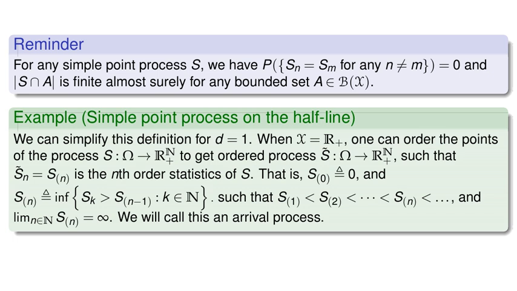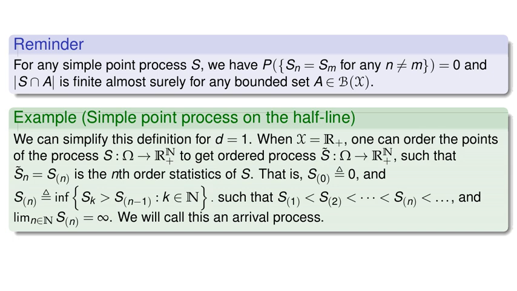Let's consider an example to make this more concrete. Say a simple point process on the half line. We can simplify our general definition when d equals 1, when our space script X is the set of non-negative real numbers, R plus.